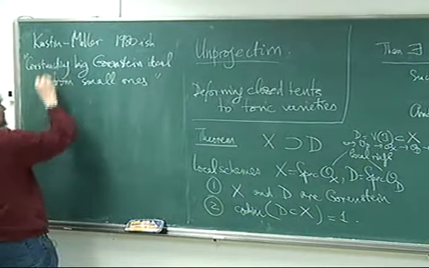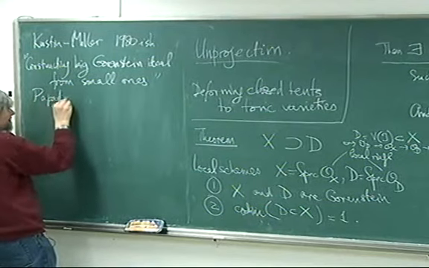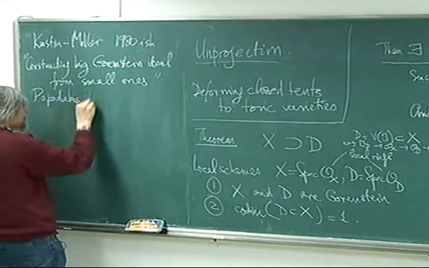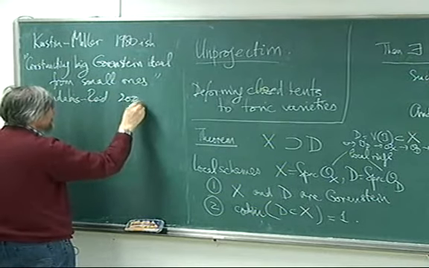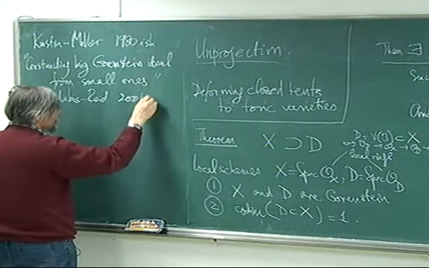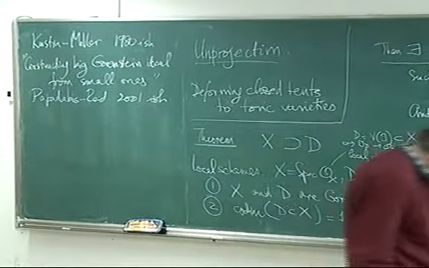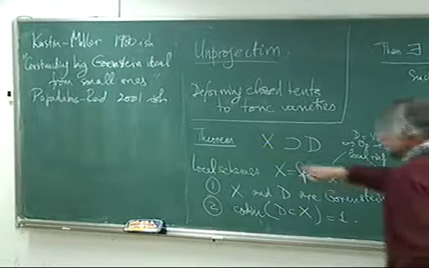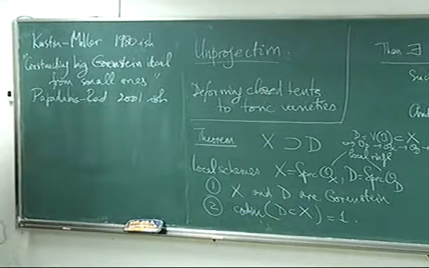And it was done again by my student Papadakis and Reid around 2001-ish. You can find this paper in lots of different places. Follow the link from my web page.